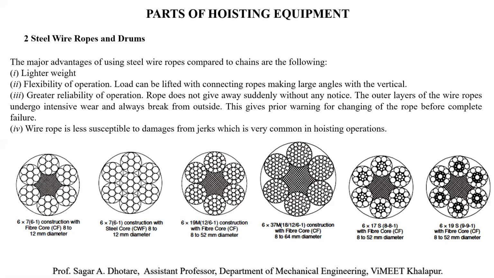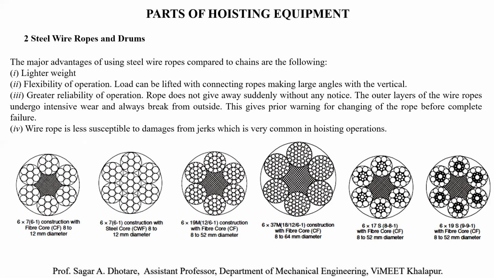Failure in a chain occurs suddenly, whereas in wire ropes the outer wires are subjected to more intensive wear and break before the inner wires. As a result, the wire rope becomes fuzzy long before rupture, and it can be immediately replaced.